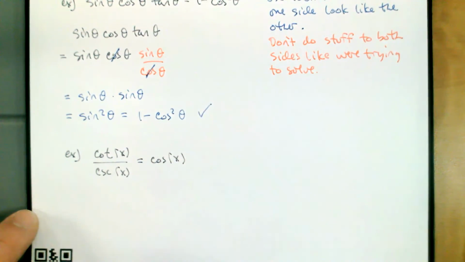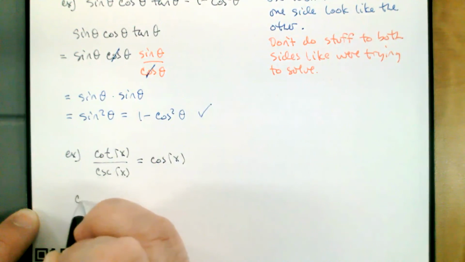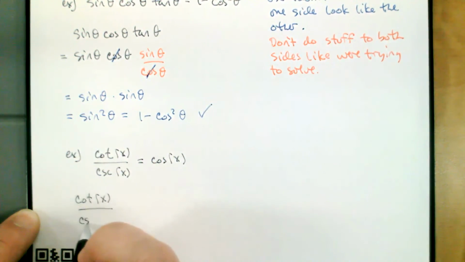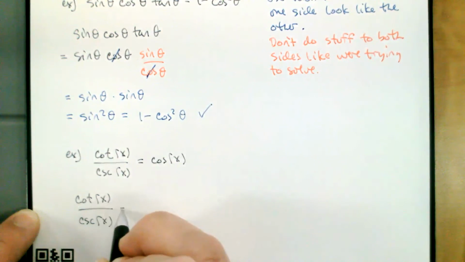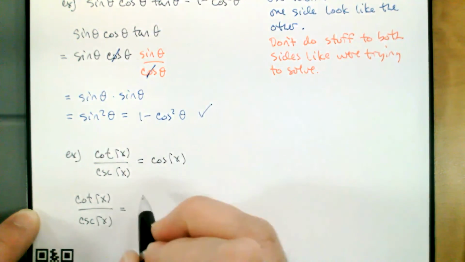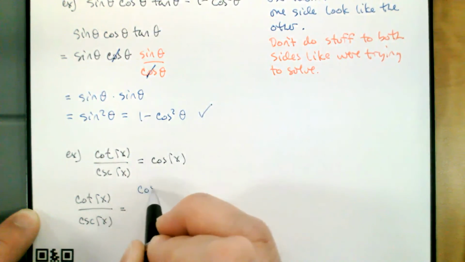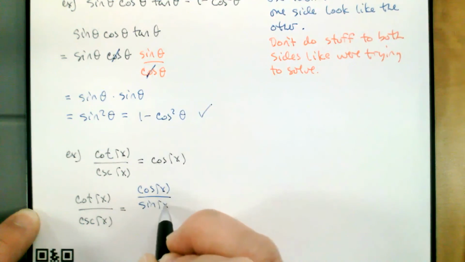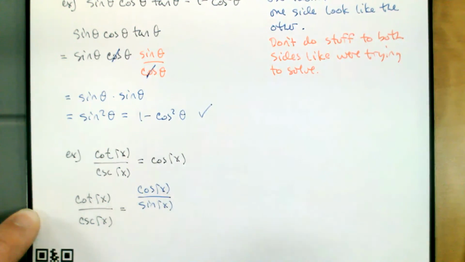So I'm going to say cotangent x over cosecant x is equal to, cotangent is cosine x over sine x. And cosecant x is 1 over sine x.